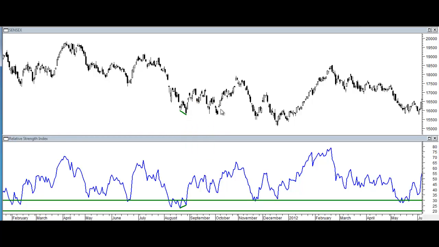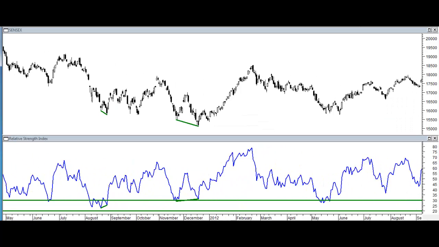So like this again we witnessed the same kind of thing, that RSI reached around the 30-20 zone, and prices made again lower lows, but RSI made higher lows, and it's giving strong positive divergences.